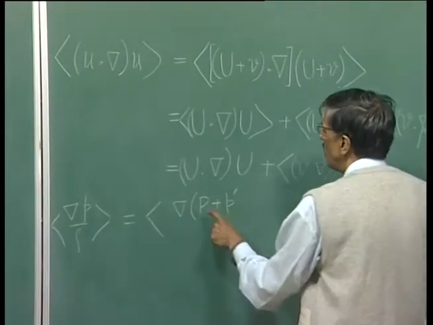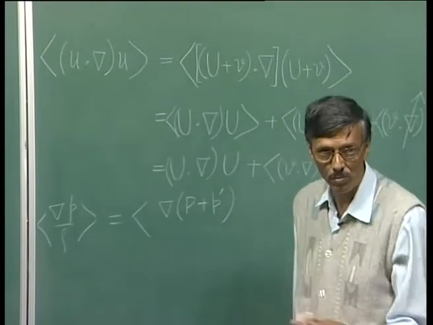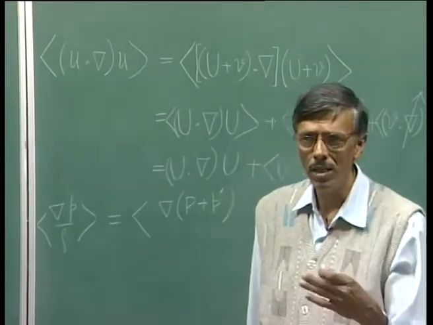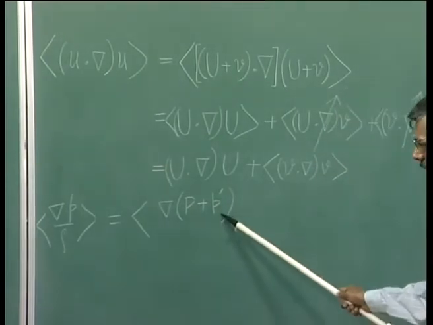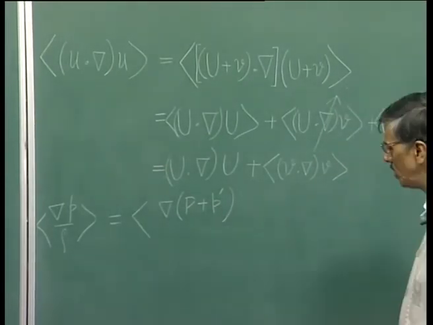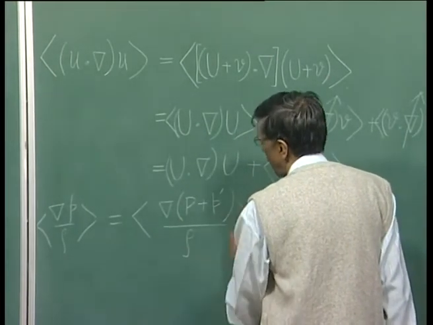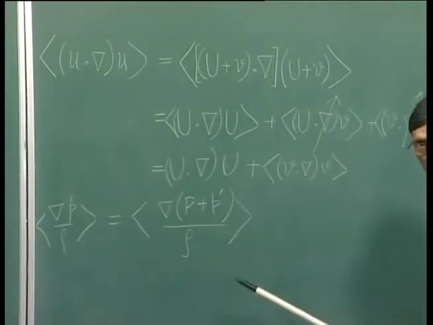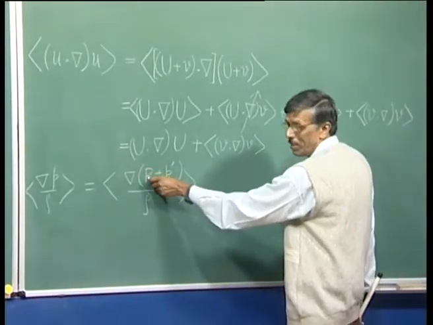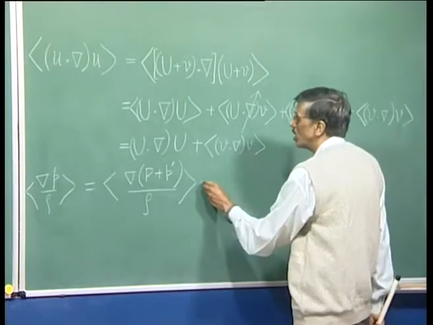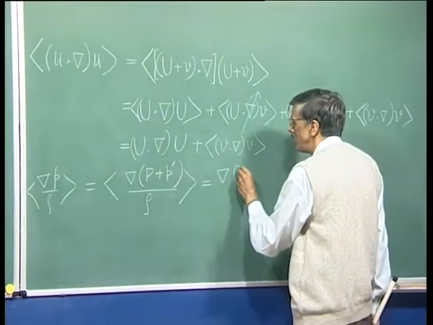So, this fluctuating pressure would be a function of position and time. So, any time dependency of pressure would be embedded in p prime, okay? And it is incompressible flow, so we do not allow any fluctuation in rho. So, that remains as it is. And you can see this is the time independent part. So, this will give me nothing but grad p by rho.